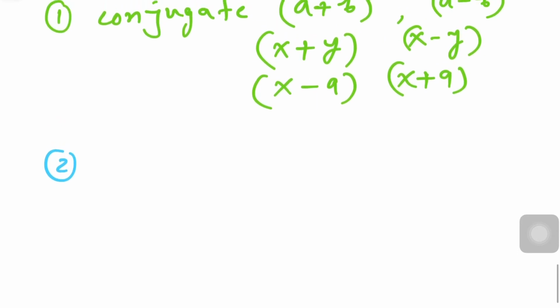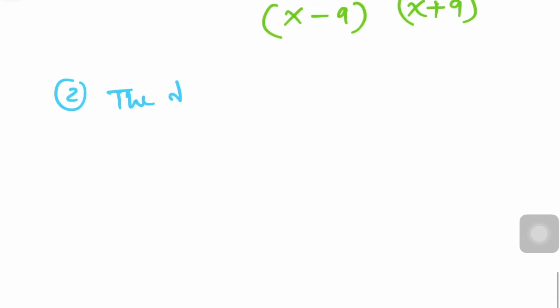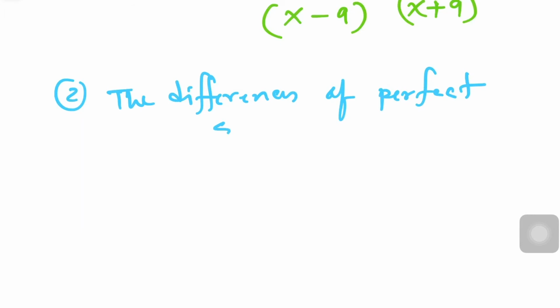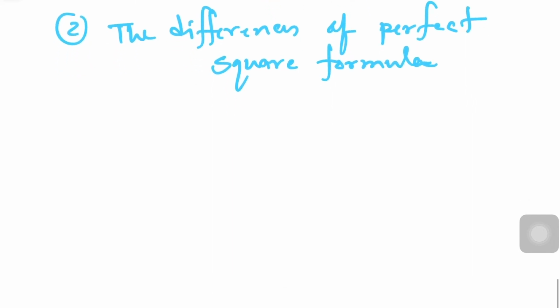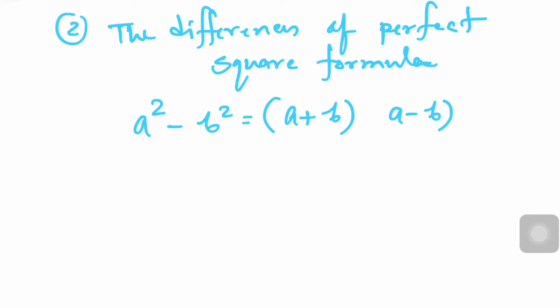The second thing that you need to know is called the difference of perfect squares formula. What do I mean by that? The difference of perfect squares formula says if you have a squared minus b squared, you can write this as a plus b times a minus b.